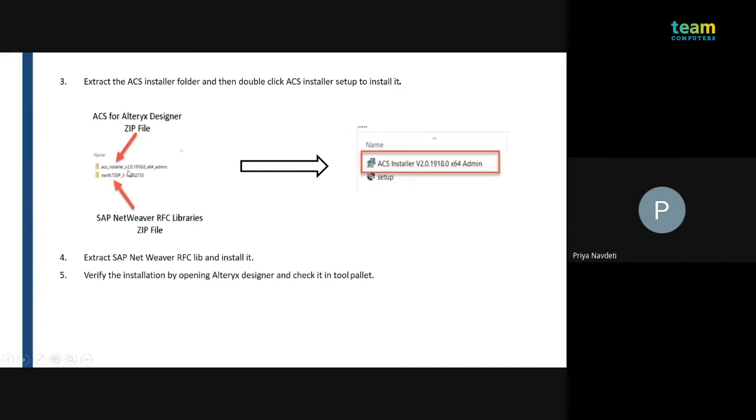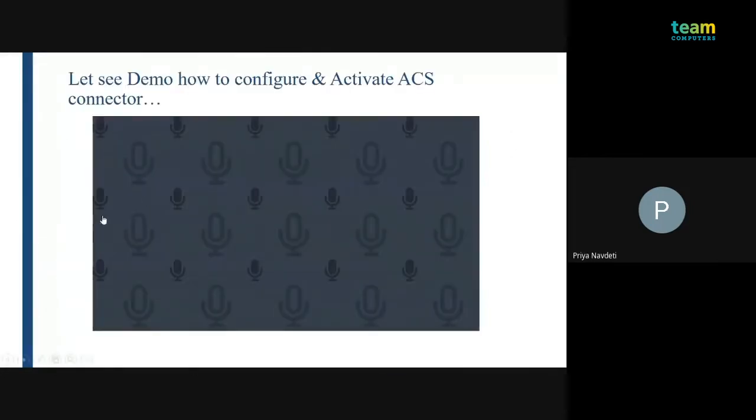The ACS connector is a zip file. We have to double click it and install the ACS connector. Then we have to extract the SAP NetWeaver RFC libraries and install them as well. We'll see this in the video.